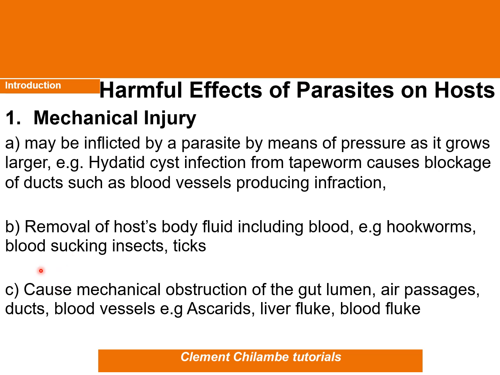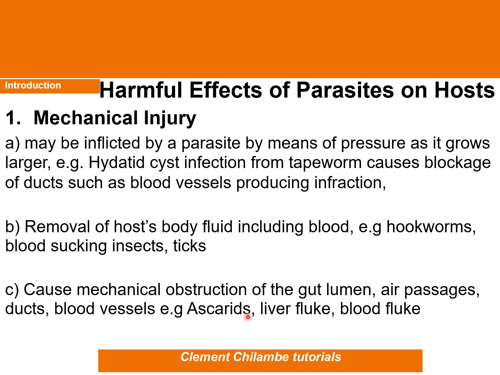Second example, removal of host body fluid including blood. The hookworms, the blood-sucking insects, and also the ticks, what do they do? They remove the host's body fluids, that includes blood. So that is mechanical injury itself. Another example is that at some point they might cause mechanical obstruction of the gut lumen, air passages, ducts, and also blood vessels.